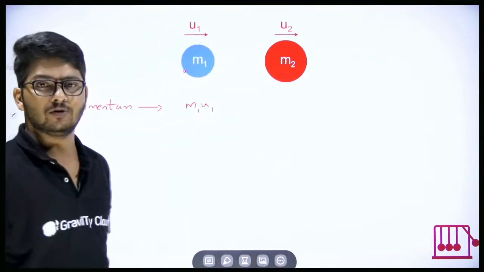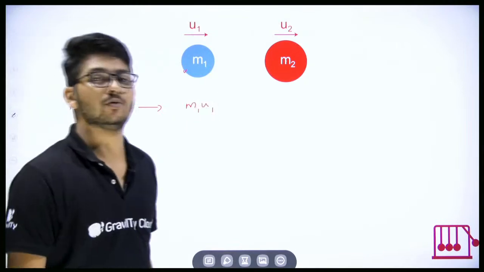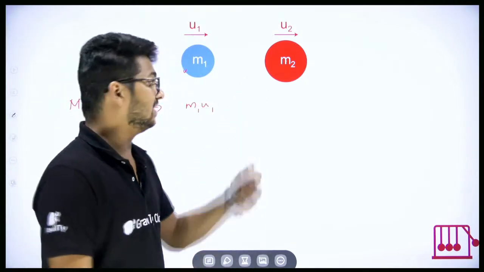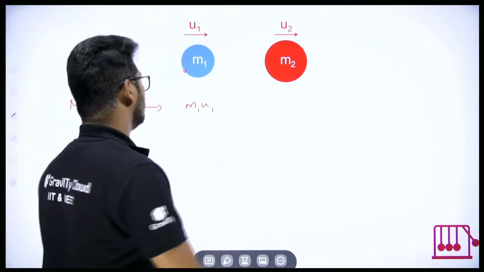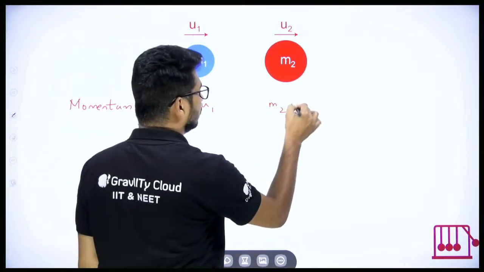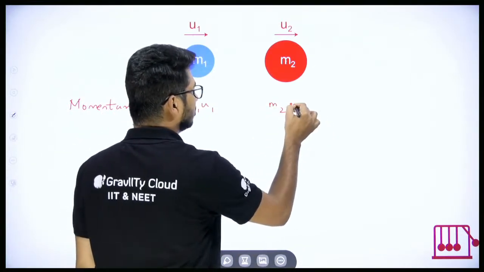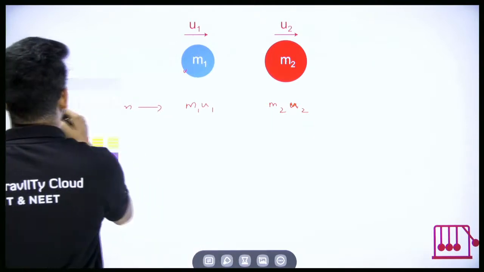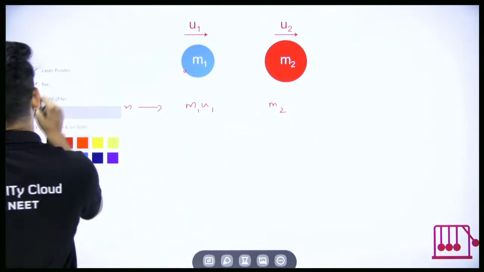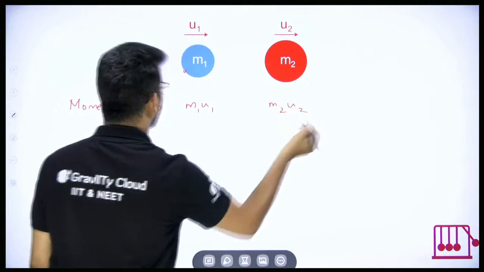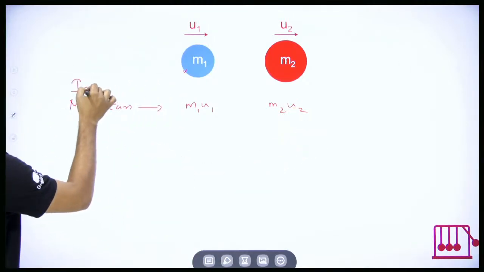What about object m2? Say mass is m2, velocity is u2, so it will be m2 u2. And which momentum are we talking about? We are talking about the initial momentum.